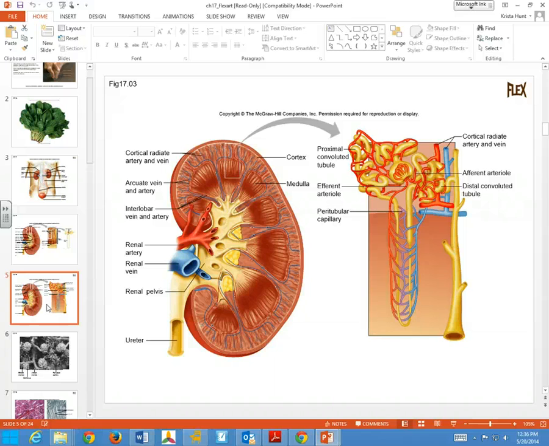Can you see this? Arteries on one side, arteries in quotes, these are just very small, tiny little blood vessels on one side, and then the veins on the other side. So it's a way that we can take and send that fluid down through.